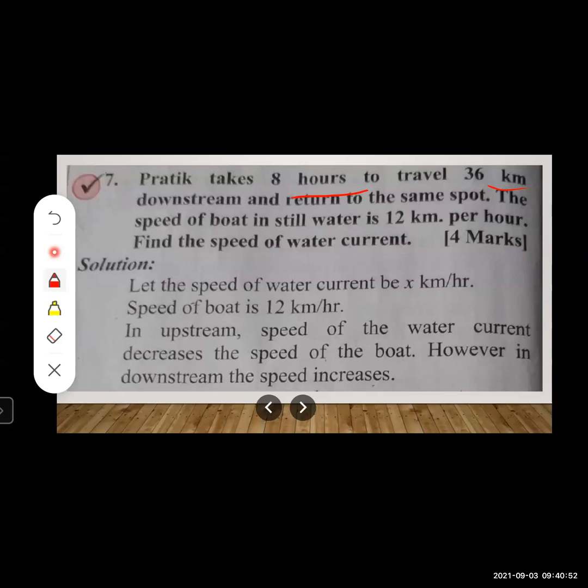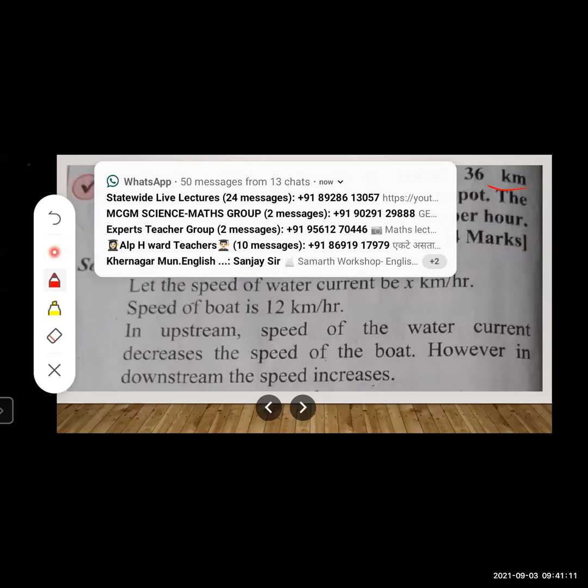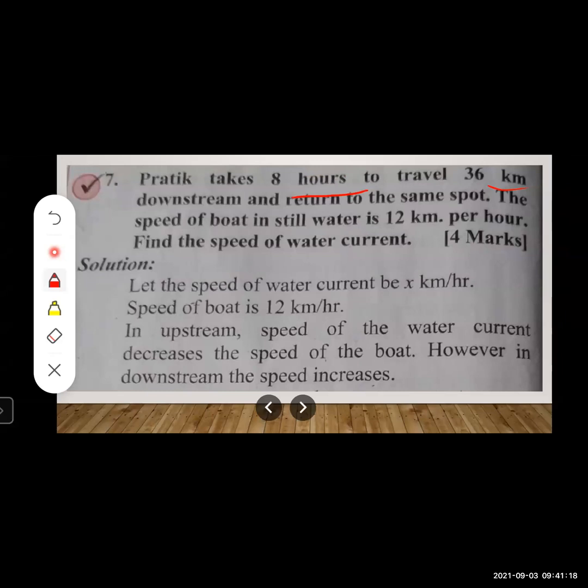Pratik takes 8 hours to travel 36 kilometers downstream and return to the same spot. So here, which distance are we going to consider? Downstream and upstream. Look here, the distance is going to remain the same. Which distance? 36 kilometers. Downstream 36 kilometers, and while returning upstream, which distance? 36 kilometers. Means the distance remains the same.